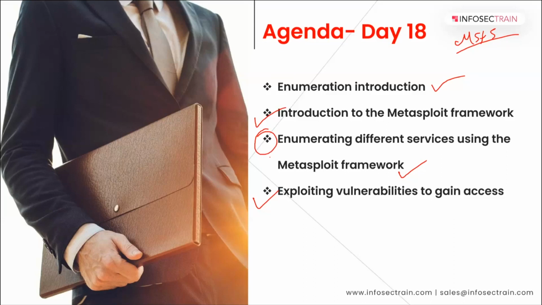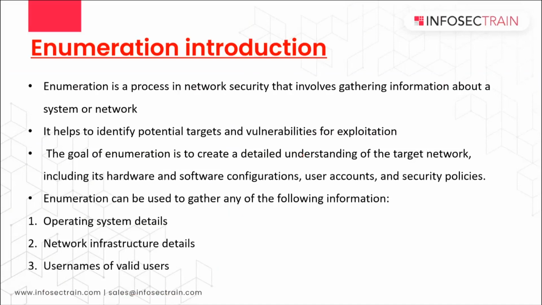Now we will start with enumeration. What is enumeration? Yesterday we already talked a bit about it, so let me get us started with the enumeration introduction. Enumeration is a process of network security that involves gathering information about a system or a network.